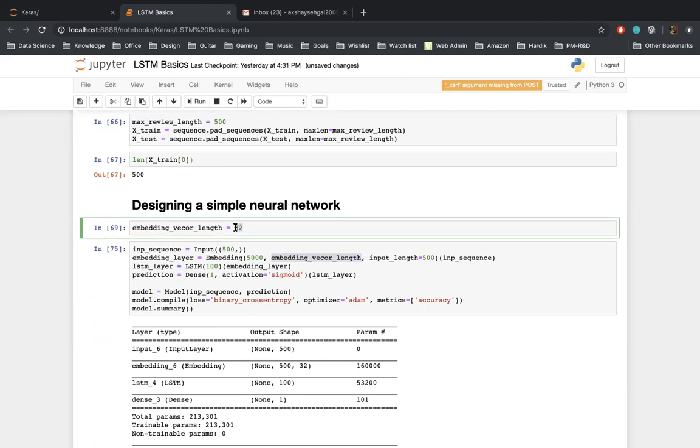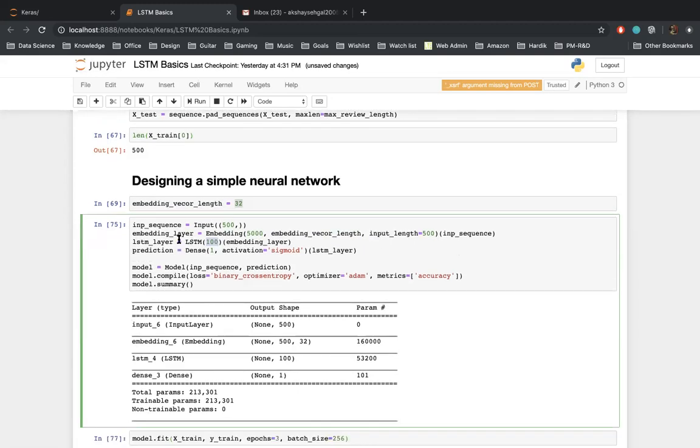In word embeddings such as word2vec and so on, you use a 300 dimensional or a 200 dimensional vector. Out here we are using a 32 dimensional vector that represents every word. So what you're saying is that this is a 32 dimensional vector for 5,000 different words, and this is your input length of 500. When you pass this to an LSTM layer, you're saying that you are going to have 100 different LSTM cells, I'll come to this in a little while.